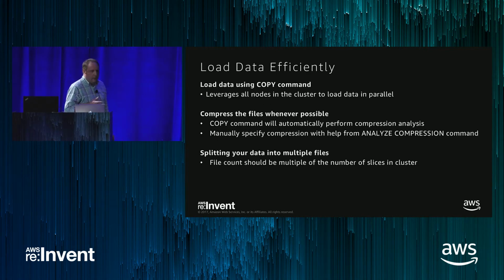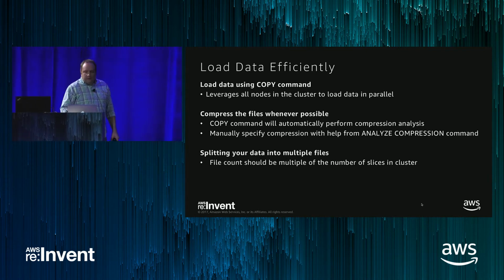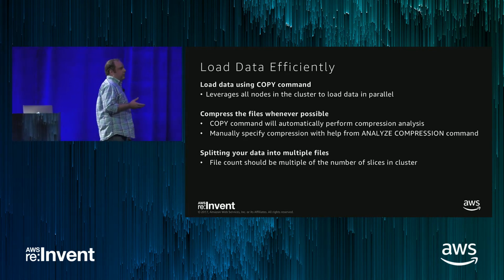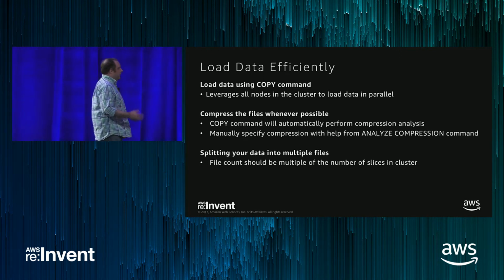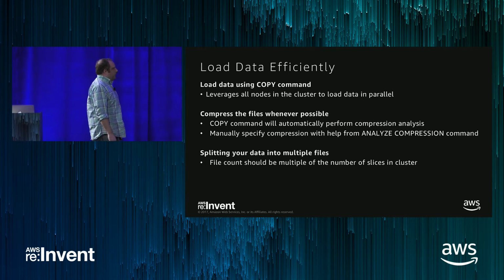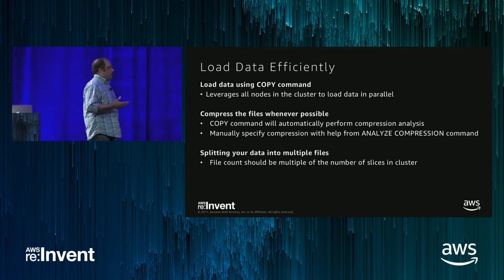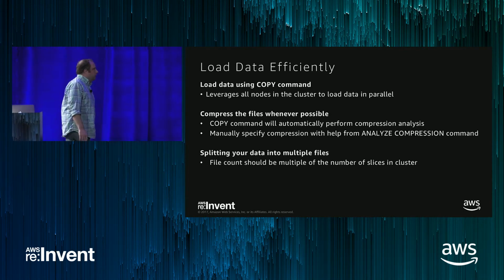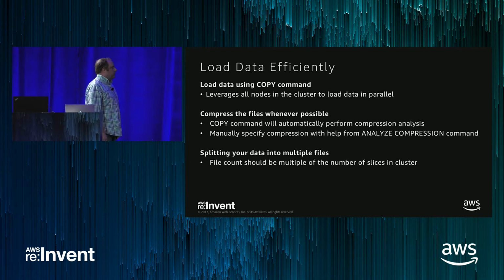Sometimes the default compression isn't optimal, so you'll have to use analyze compression and play with a sample set of data to see which compression algorithm works for your data. And then we want you to split the files into multiple files so that you can leverage the parallel processing of the slices and the compute to slurp up that data.